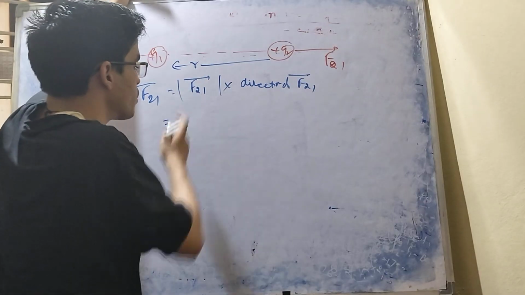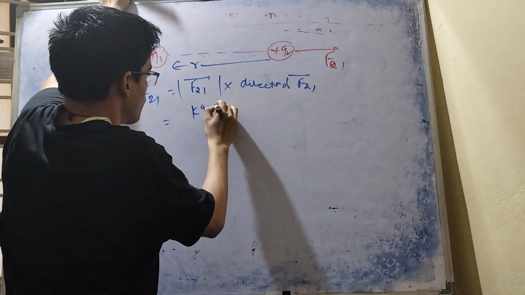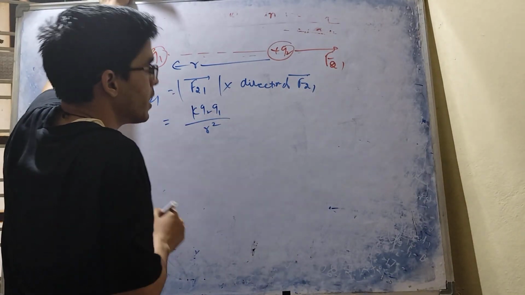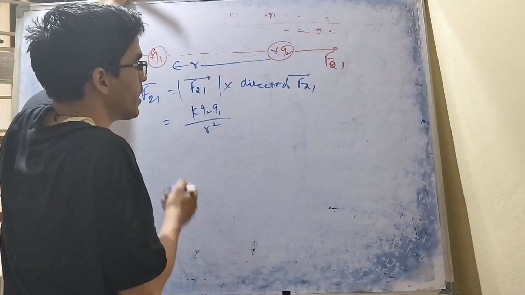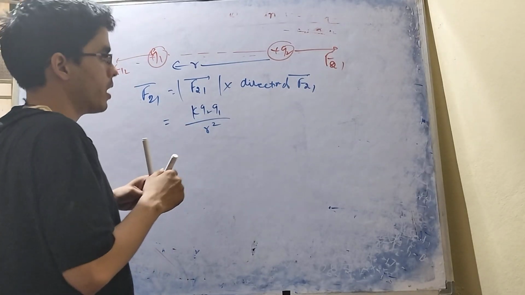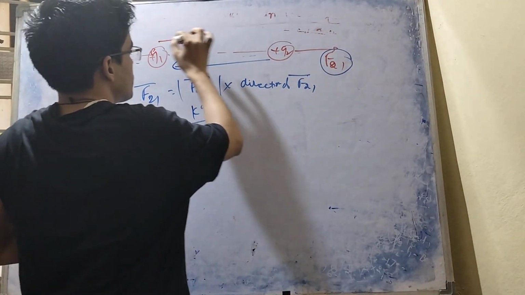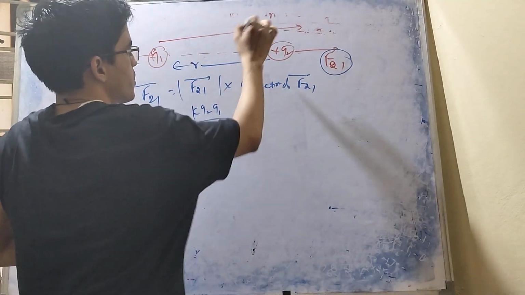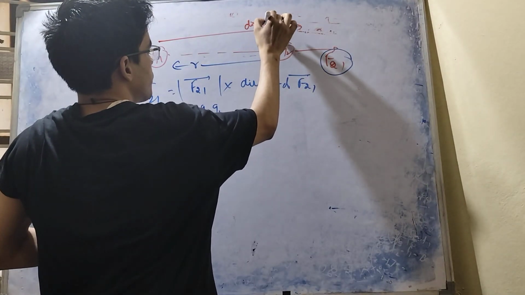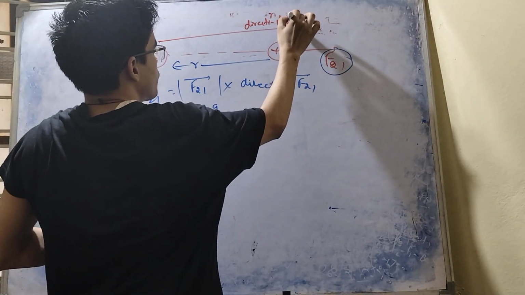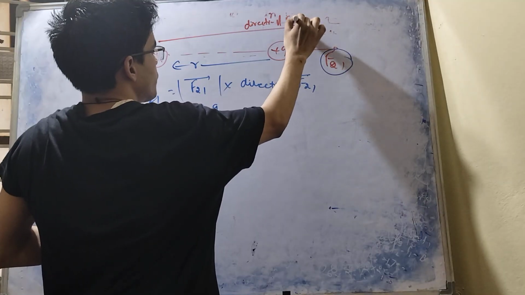Which means here also we have to write K Q2 Q1 by R square. Now the direction. How can we write the direction here? If you observe carefully the F21 force, I think it is toward this direction. Direction of F21 force, right.